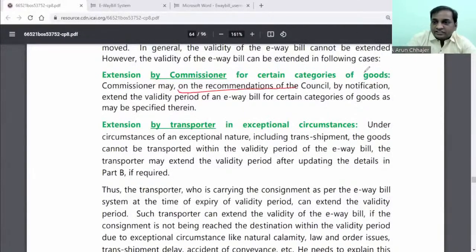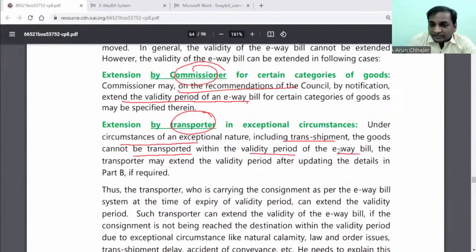The commissioner, on the recommendation of the council, by notification can extend the validity of an e-way bill for certain categories of goods as may be specified. So the commissioner has the power to specify the goods, and in that case it can be extended. As for extension by the transporter, under circumstances of an exceptional nature including transshipment, if the goods cannot be transported within the validity period of the e-way bill, the transporter may extend after updating the details in part B if required.